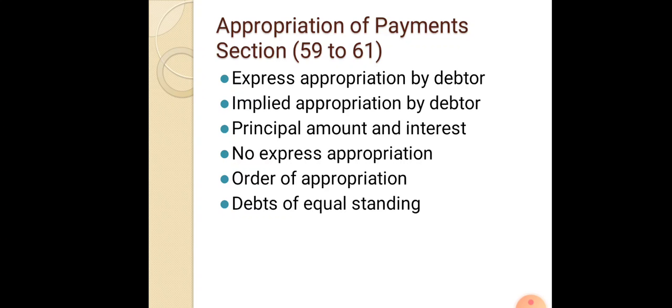For example, A owes B several debts taken on 1st January: rupees 5000, rupees 3000 and rupees 2000. On 1st April, A repays rupees 5000 but does not make any express appropriation. Here, the amount of rupees 5000 will be applied proportionately among all the three debts.